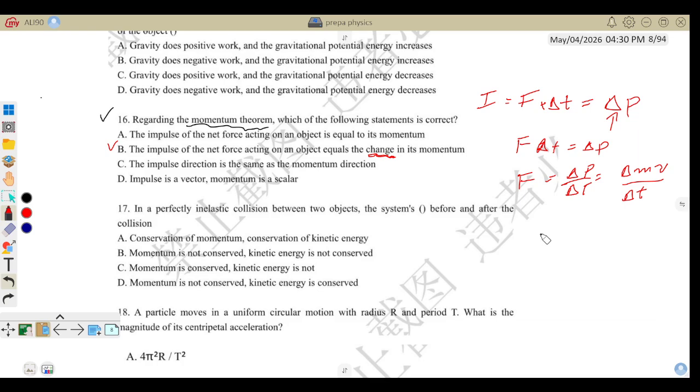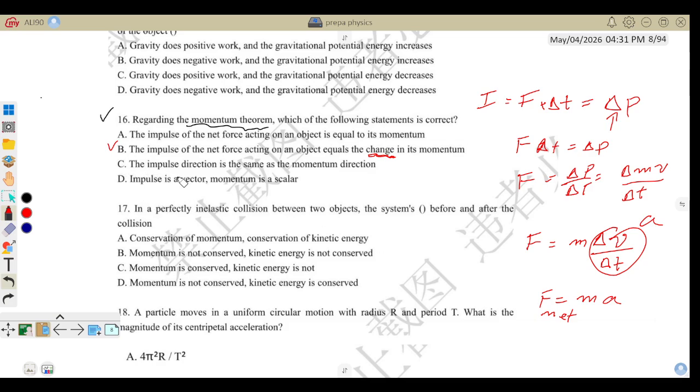If m is a certain constant, not changing, the mass of the object must get out of the change. What's remaining inside the change is the velocity divided by delta t, and this is the acceleration. So we conclude Newton's second law, F equals ma. This is F net for sure.